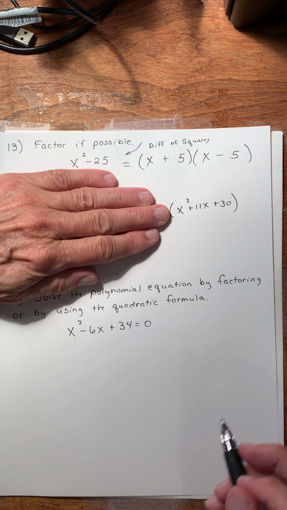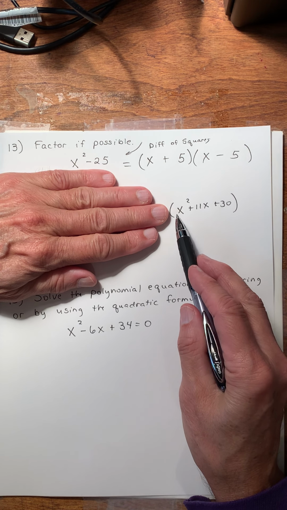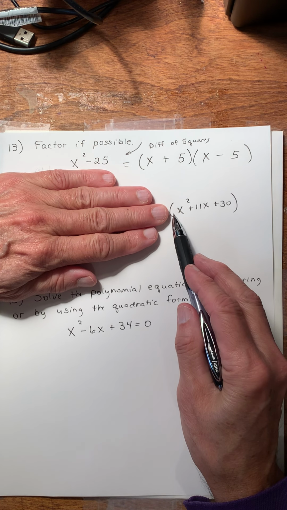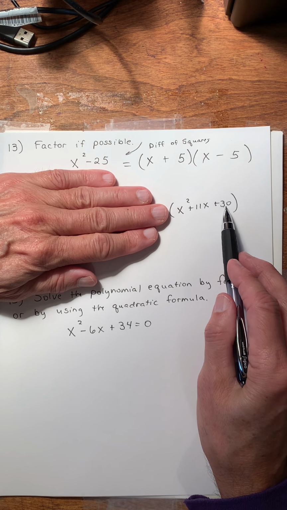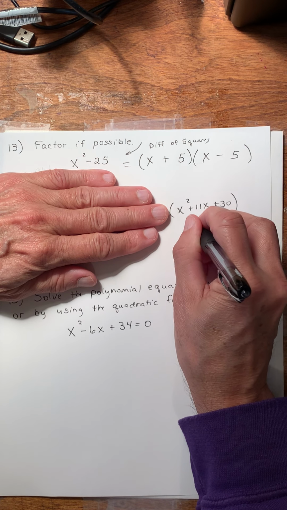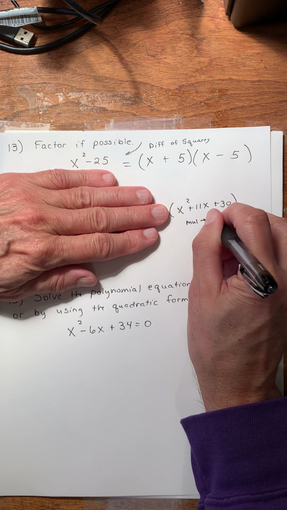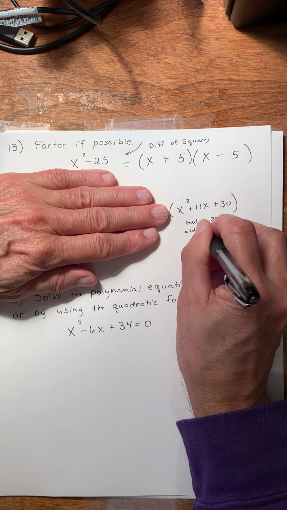And then I'm going to check what I have in parentheses, this trinomial. Notice 1 in front of my squared term. That means I can ask the two-part question, what two numbers multiply to give that, add to give that? What two numbers multiply to give 30, add to give 11?